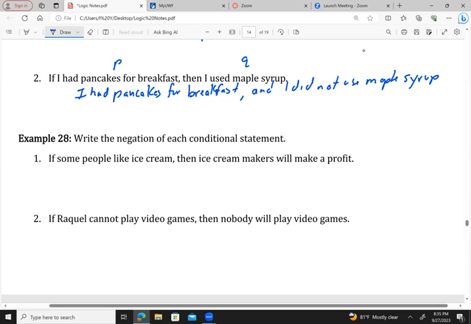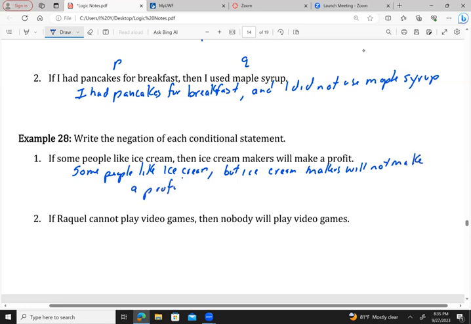So again, the first statement stays the same: some people like ice cream, but ice cream makers will not make a profit.